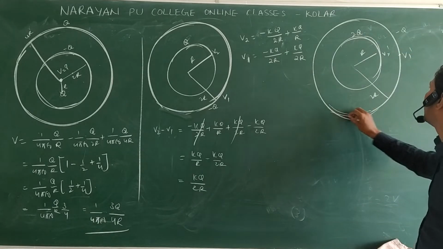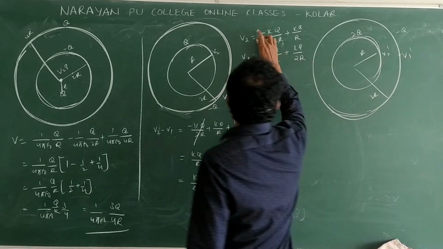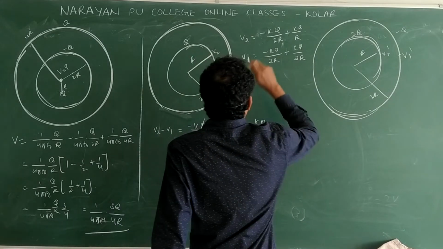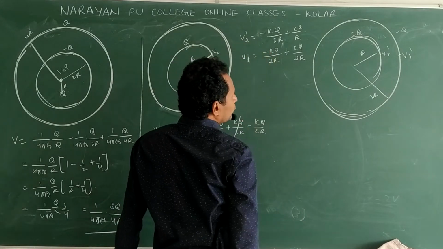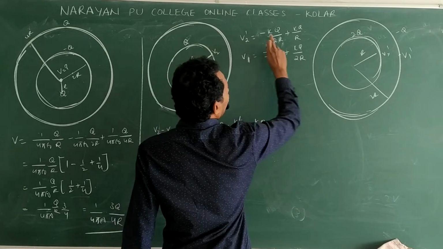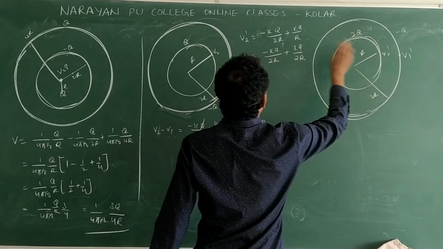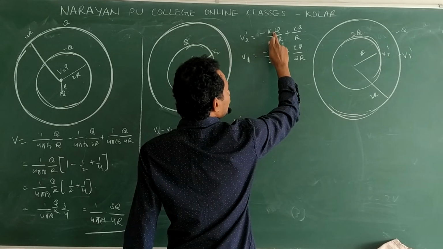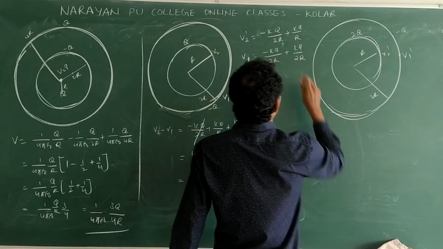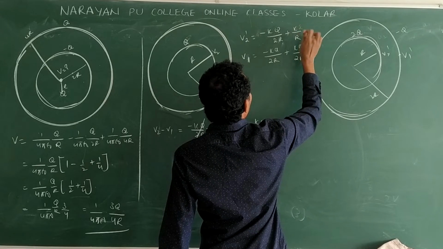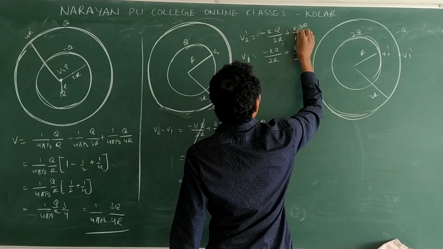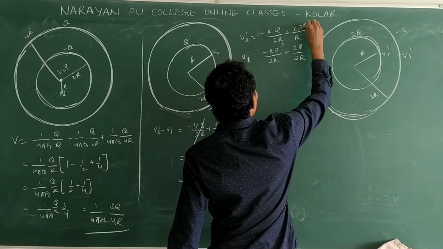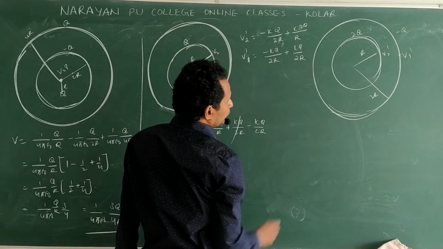Only a small change. This equation, V2 dash, will be the potential due to the outer shell. The outer shell charge we did not change, only we changed the inner. This is the potential due to the inner, so this will be 2KQ by R. And this is V1 dash.